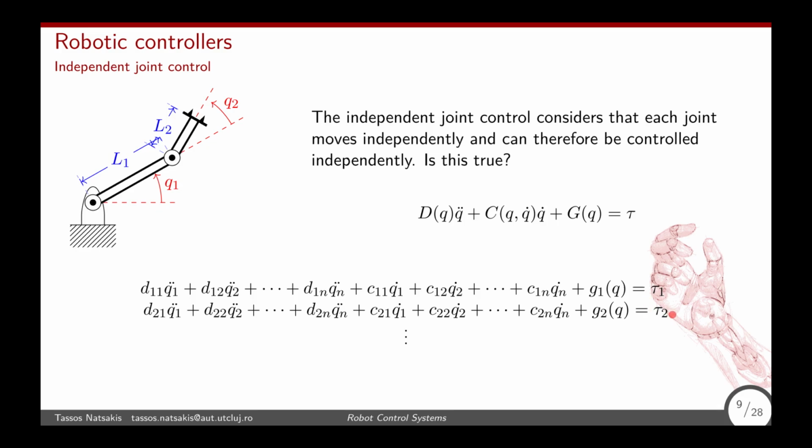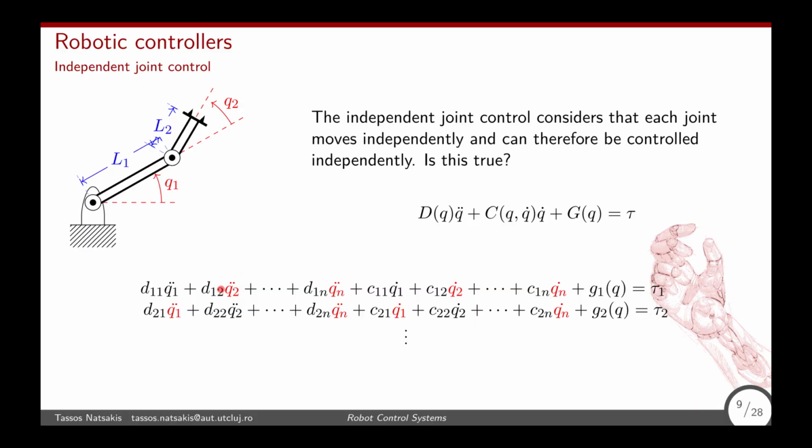And equally the same for the second joint, basically taking the second row from all the matrices. Right, so this shows me basically for a given torque at a certain joint, what would be the accelerations and velocities for that joint. And what we see here is that on the first equation, we have dependence on the velocities and accelerations and positions of the other joints as well, right?